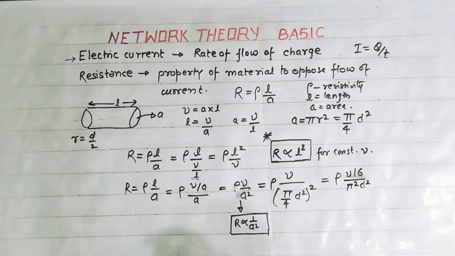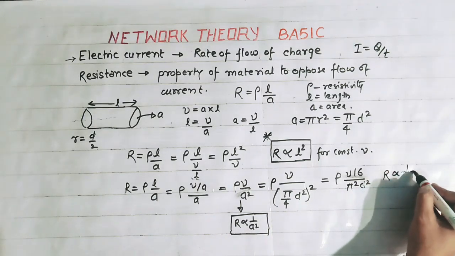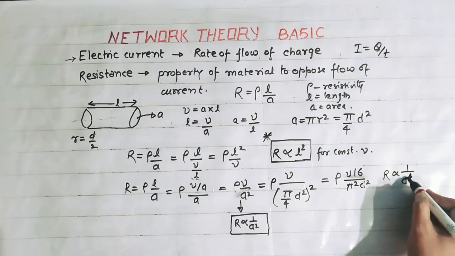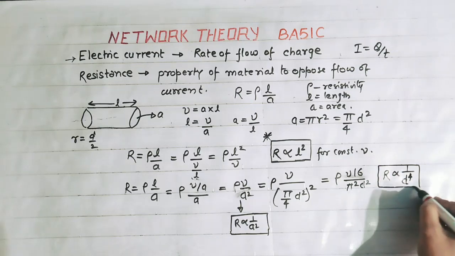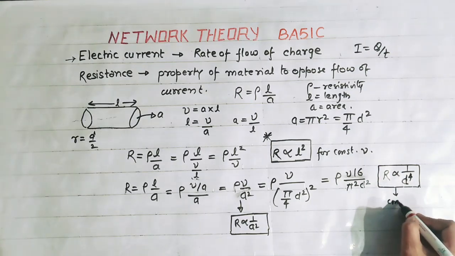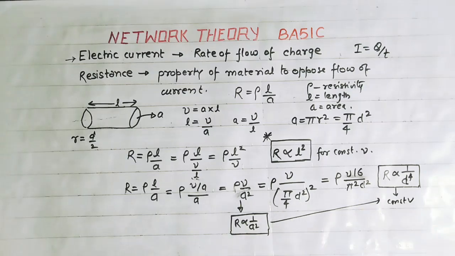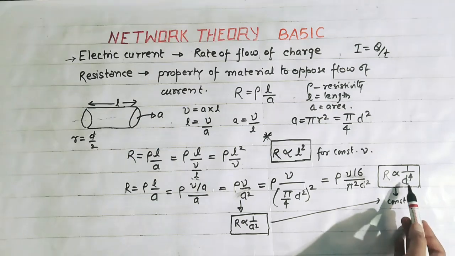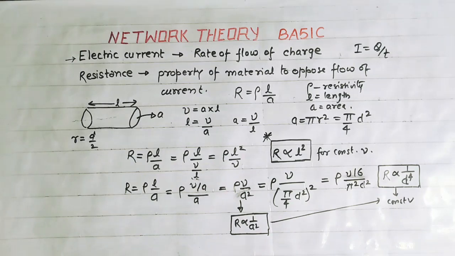It means the third relation is that resistance is inversely proportional to the fourth power of the diameter, for constant V. It means if this diameter is reduced by 4 times, then this resistance will increase by 4 to the power 4 times.